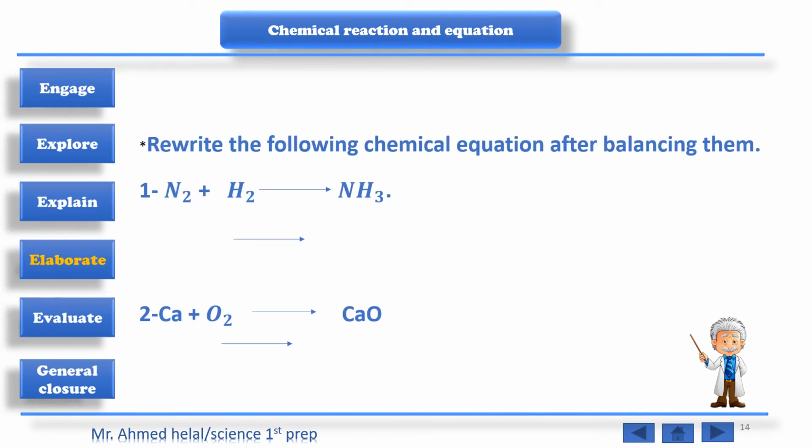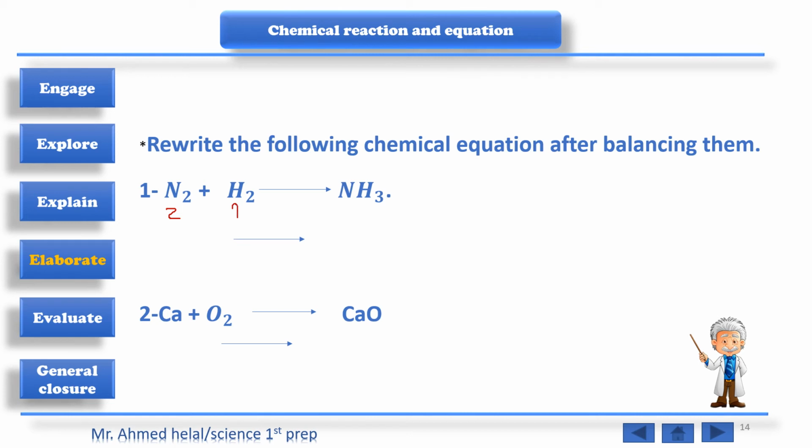And now rewrite the following chemical equation after balancing it. Here we have N2 and H2 equal NH3. How many nitrogen atoms? As we said, the number of atoms in reactants must equal the number of atoms in products. Here, how many nitrogen atoms? Yes, here we have 2. And how many hydrogen atoms?